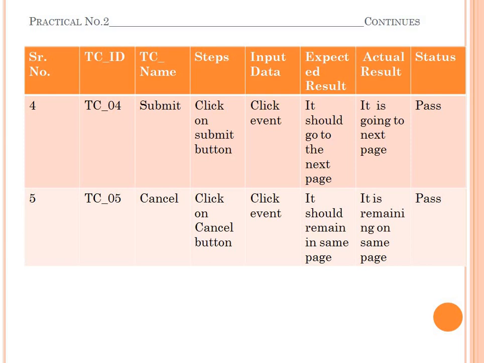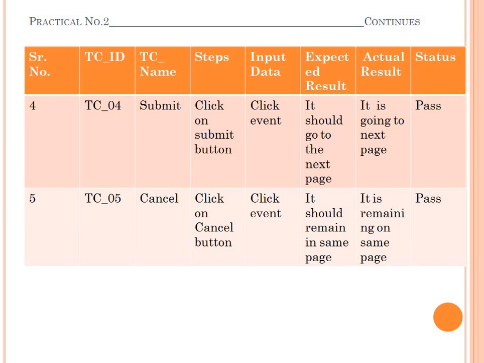In practical number two, there are many questions. The practical is the difference between quality assurance, quality control, verification and validation. The difference between quality assurance and quality control: quality assurance is to develop a good process, and quality control is to develop a good product. Quality assurance is for process, and quality control is for product.